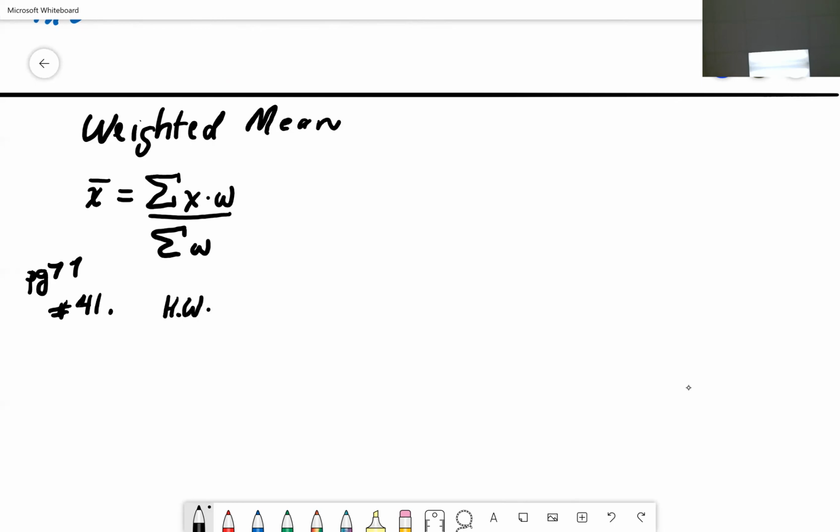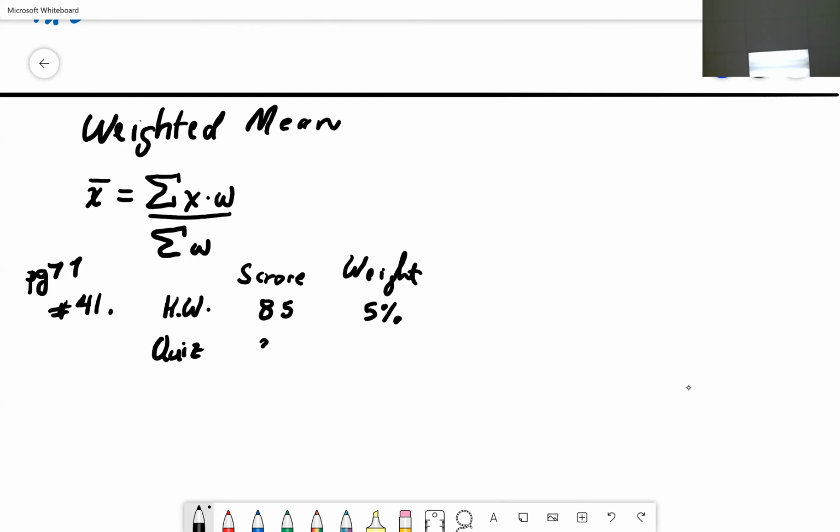Homework. And then we have a score here and we have the weight here. As you know, not all grades in school count for the same amount. So for homework here, the person got an 85. It could be a combined score or whatever, it doesn't matter. And it only contributes 5% of your grade.